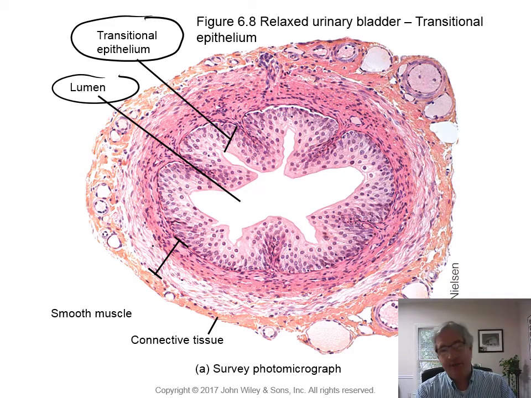So there's space on one side of the epithelial cells. You can see these cells are relaxed, so these are considered cuboidal at this point. And then when it distends, when that lumen fills with urine, it'll stretch out, and those cells will all flatten out, especially if it gets really full, they'll be very flat. So it allows something distensible to relax and then go back to another shape. All right, next slide.